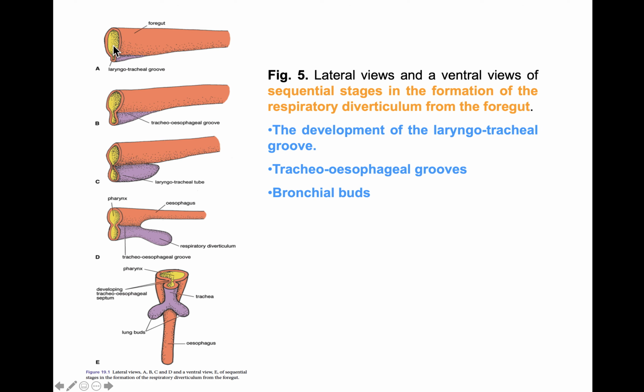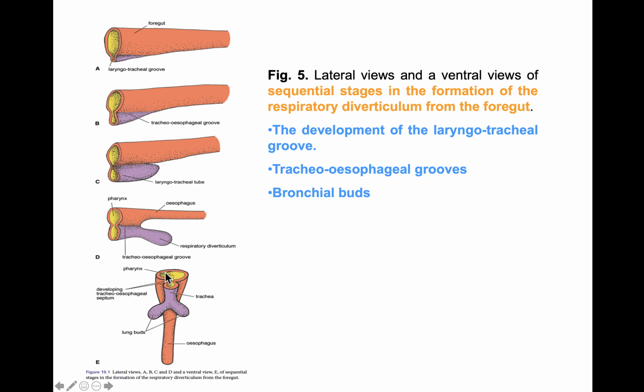So again, this is the foregut, this is the ventral growth of the respiratory portion, which is called the laryngotracheal groove. And you can see this tube grow caudally, then start to separate through the tracheoesophageal groove, and these come together and result in the formation of the tracheoesophageal septum.